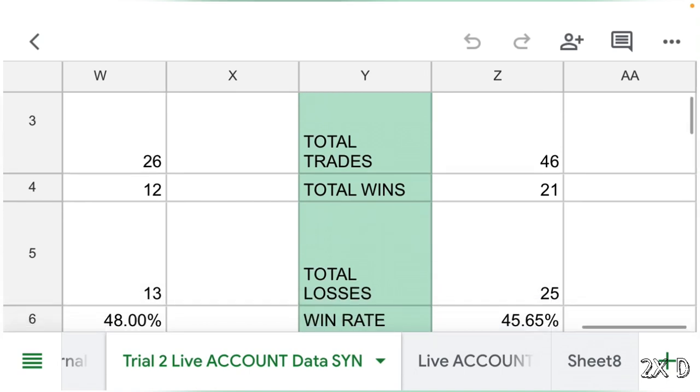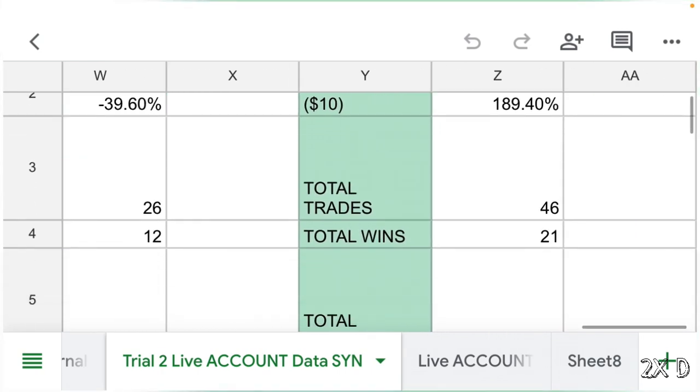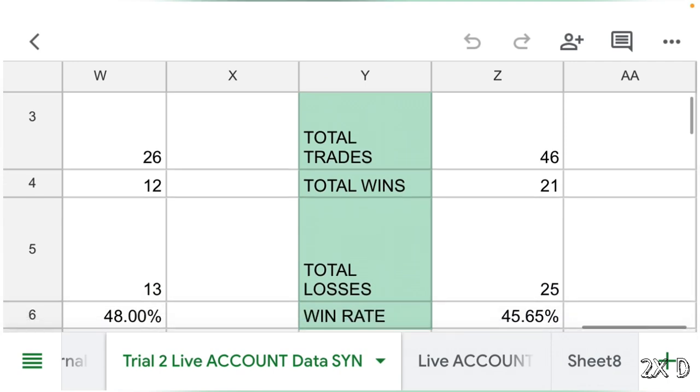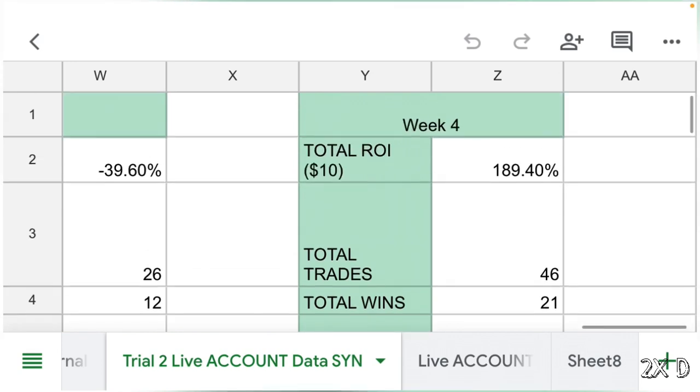So to carry on, week 4 we had a return of 189%. Total trades were 46, total wins were 21, and total losses were 25, which gives us a 45% win rate. With that 189%, my account is sitting at, we were last at $4 plus 189.